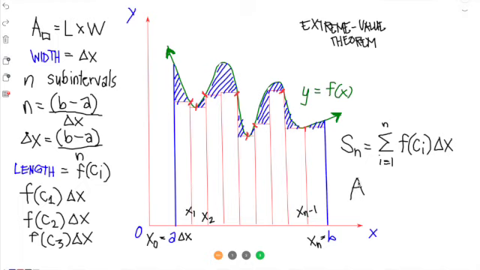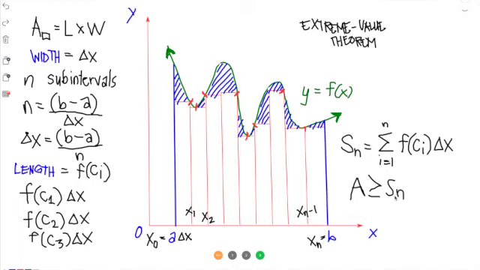So A, as we mentioned earlier, is the area bounded by a to b and the x-axis. And as you can see here, S sub n, the summation of all the areas of these rectangles, will always be less than or equal to A, because of these shaded regions here, which are not yet accounted for.